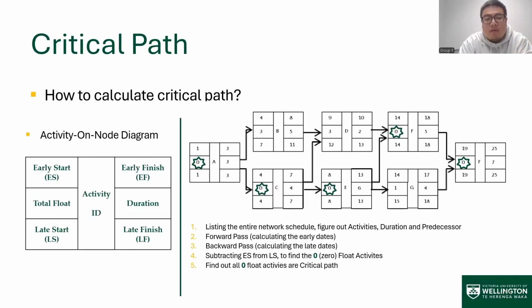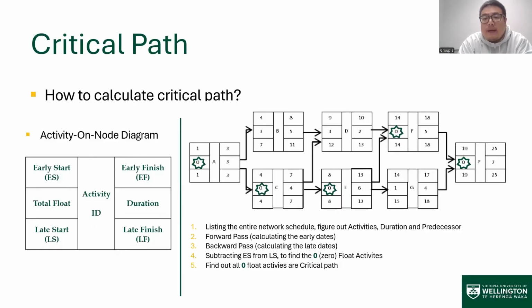Conversely, we can use late finish time minus duration to find the late start time. And we can subtract early start time from late start time to calculate the float of the activity.